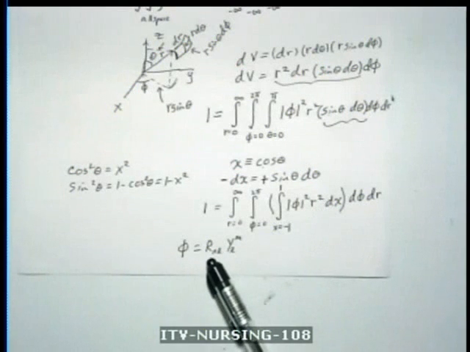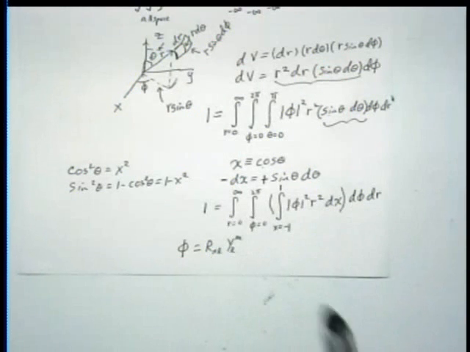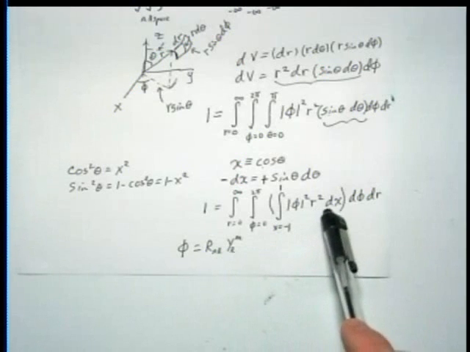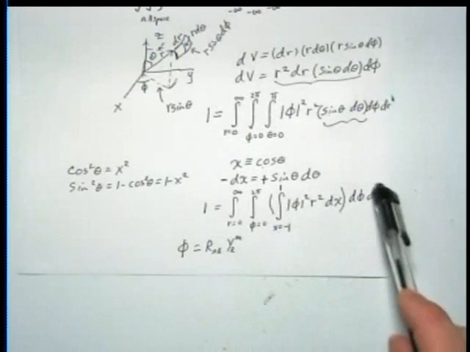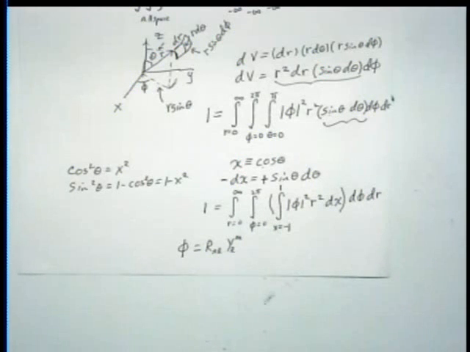And this part here has nothing but r. So that means we can break this up into 2 parts. We can break this into a part that deals with theta and phi. That's going to deal with the y. And we can break this problem up with the r. So I can take this r squared and that dr, and I can plug it over here by itself. So I can make it 2 simpler integrals to mess with.